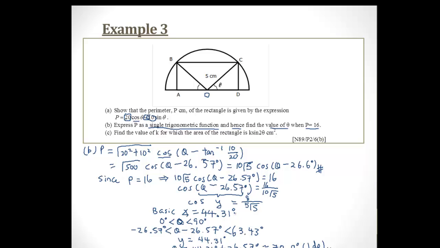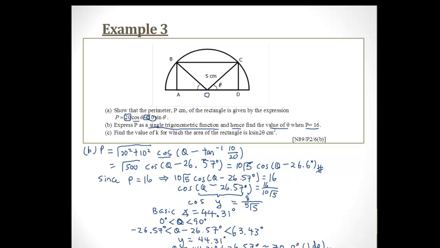After that, I try to generate the range for y. From this diagram, I know that theta shouldn't be more than 90 degrees. So theta will range from 0 degrees to 90 degrees.